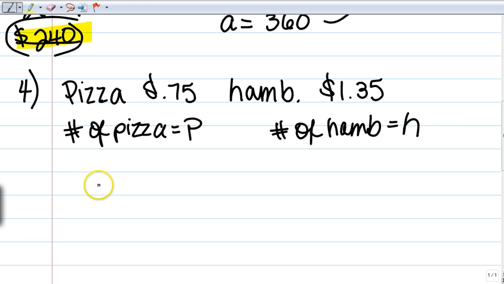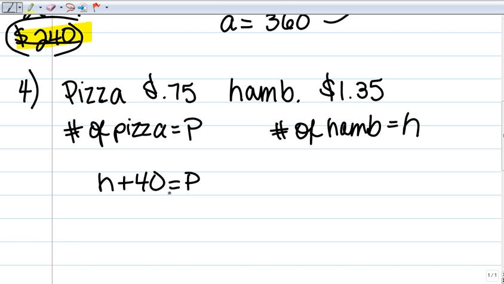So we're going to have hamburgers plus 40 equals pizza, because it was 40 more slices of pizza than hamburgers. So however many hamburgers they sold plus 40. And it says the sales totaled $292.50. How many slices of pizza did they sell?